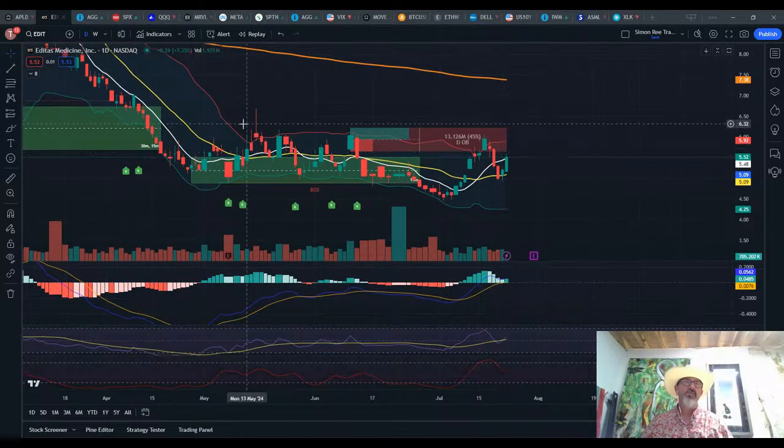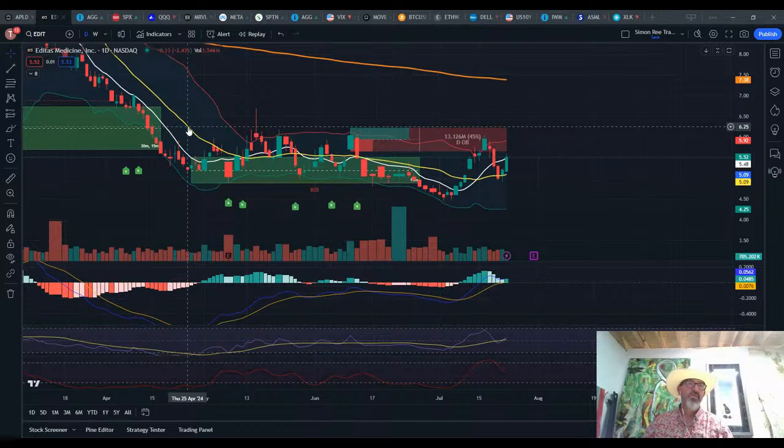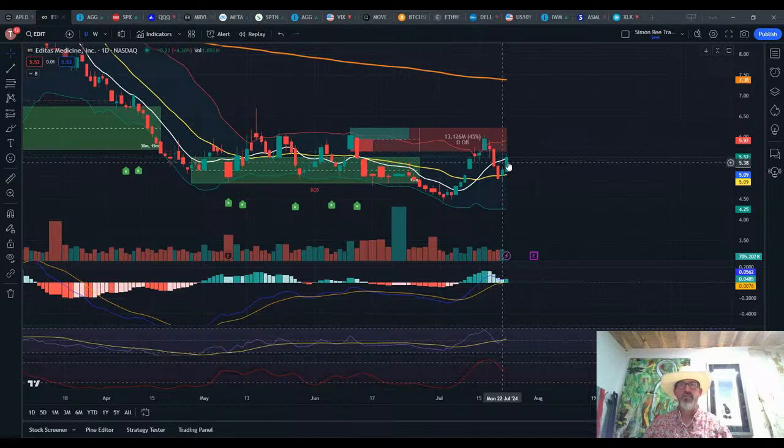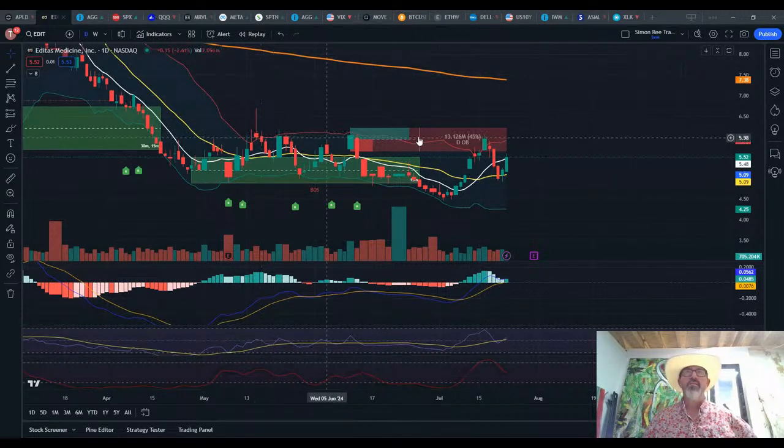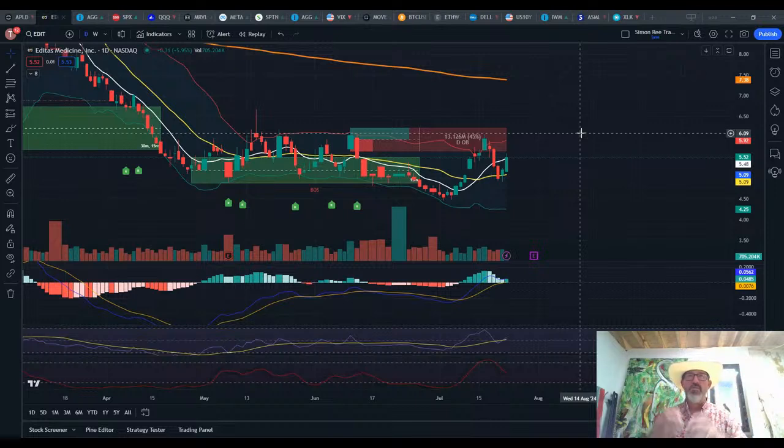My feeling is this thing has been moving sideways since April 25th. Consolidation, up run, make some profits, take it back, and just base building in a sense here. Had a little bit of a pullback right around the 26th of June, but we moved back up, and we're in that consolidation, or what I would call accumulation period, and it's coming into earnings.